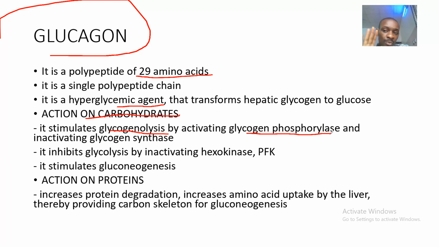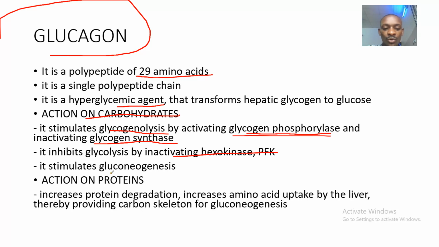Glycogenolysis is the release of glucose, and this is subserved by the enzyme glycogen phosphorylase. It will in turn inhibit the enzyme that causes storage of glucose. So it inhibits glycolysis by inactivating hexokinase and PFK.